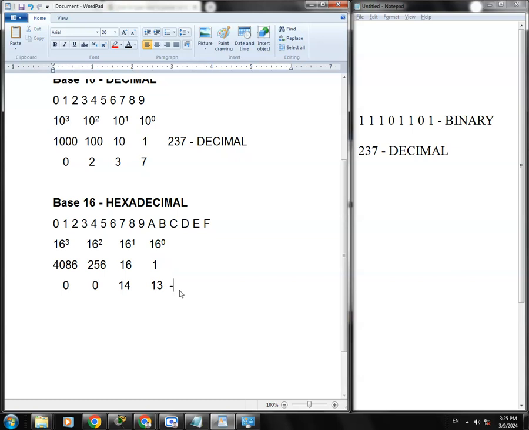Now it's time to get the hexadecimal value. Since these are zeros, we don't need to put anything in here.